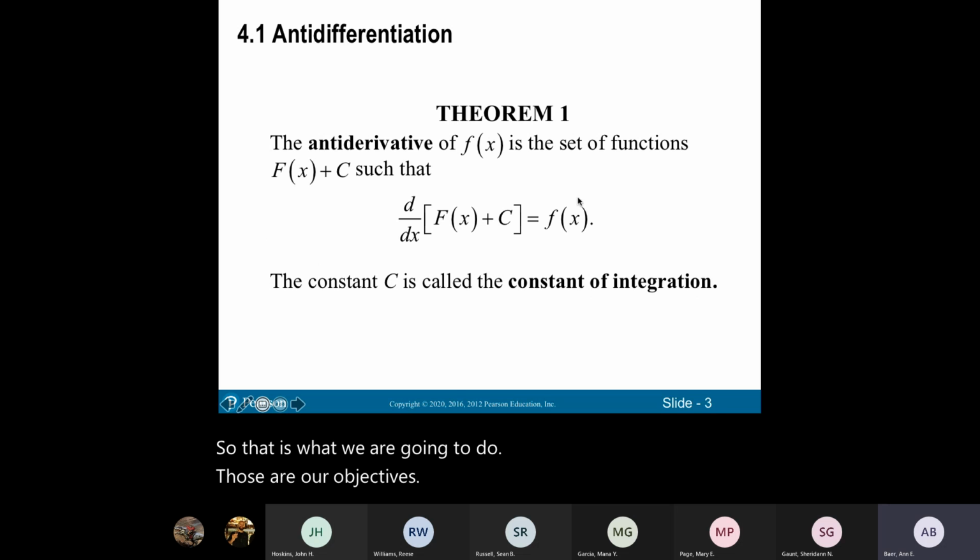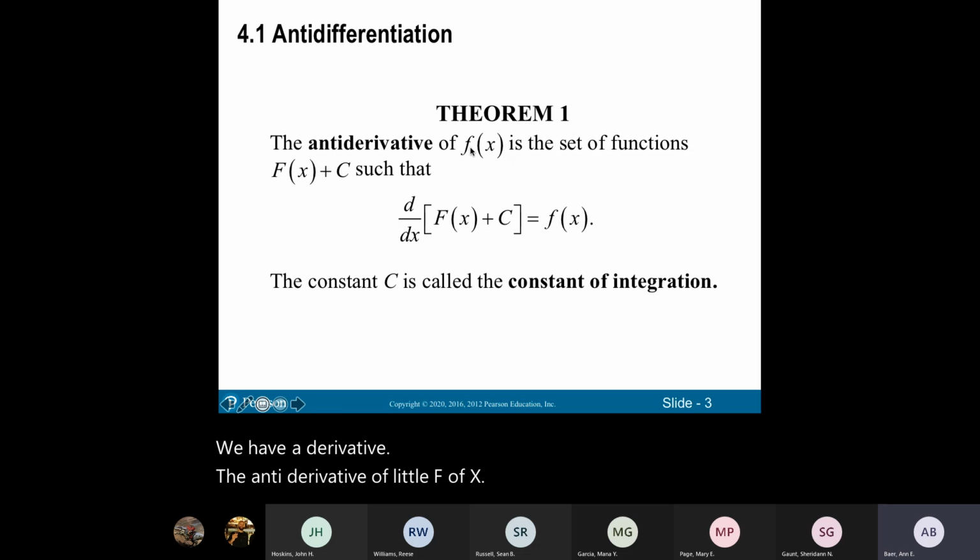Taking a look at theorem 1 here. This d dx notation means we're given a derivative. We have a derivative of little f of x.